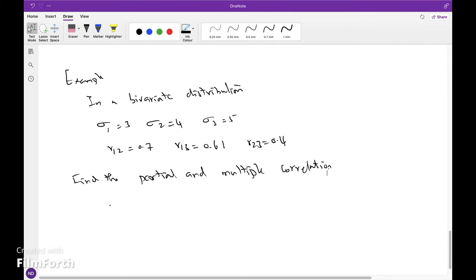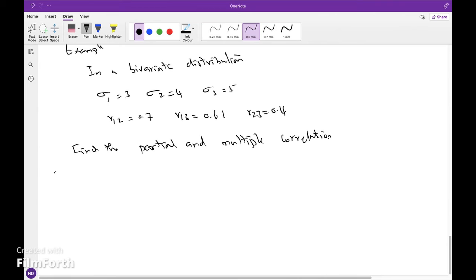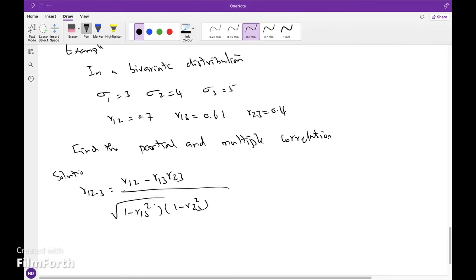So first find the partial correlation. r12.3 is equal to (r12 minus r13 r23) whole divided by the square root of (1 minus r13 squared) into (1 minus r23 squared).